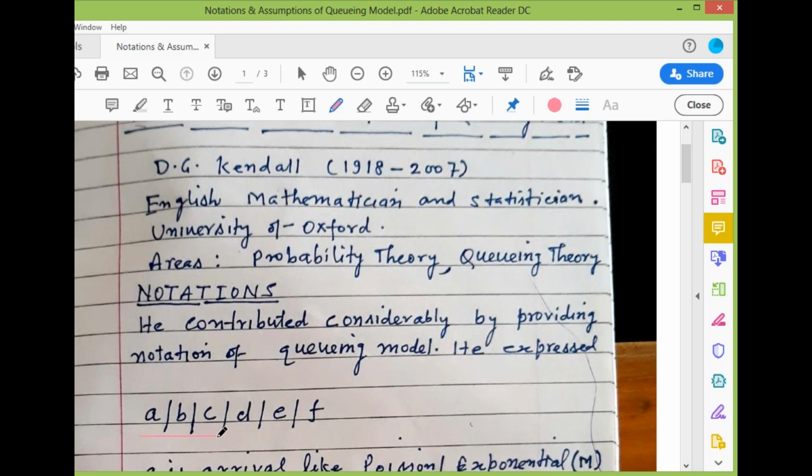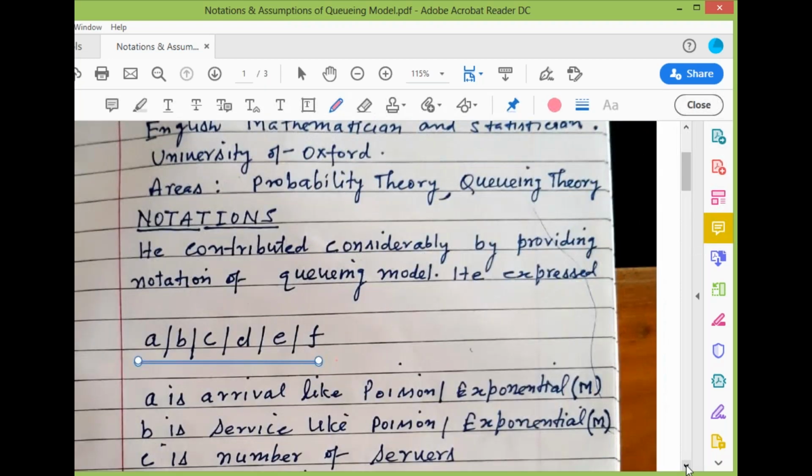There are 6 letters here: A, B, C, D, E, and F. After each letter there will be an oblique, another oblique, and so forth up to E. The oblique symbol must be put there, and F is the last, without an oblique.